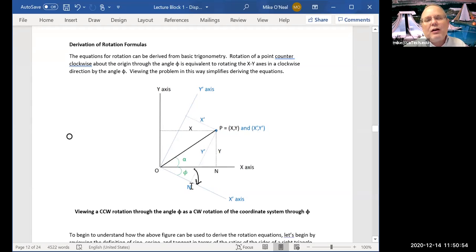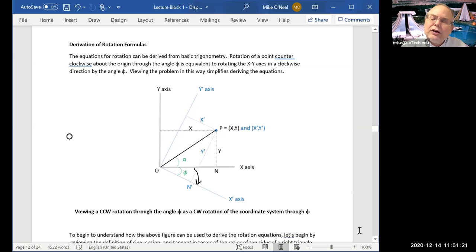So x prime squared plus y prime squared equals OP, the length of OP, squared. So the square root of x prime squared plus y prime squared is going to be the same distance. And this distance didn't change. That line didn't move between the two coordinate systems.